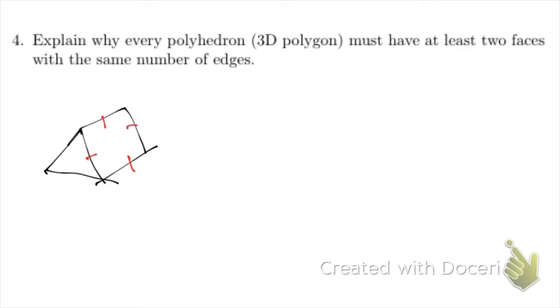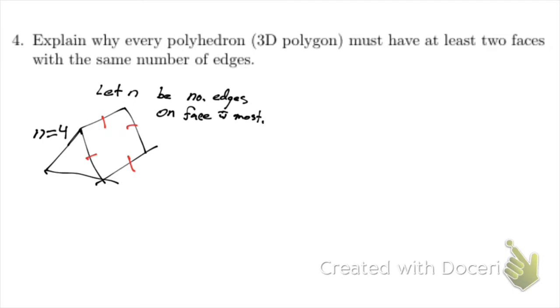But in any polyhedron we have, let n be the number of edges on the face with the most edges. Okay, great. So in this case here, n equals 4.